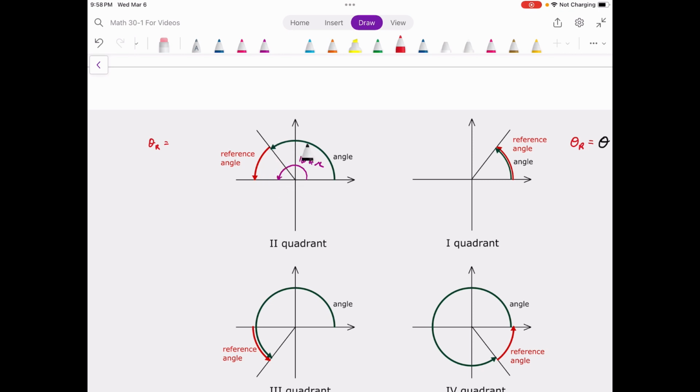If I take this part away from 180, what am I left with? I'm just left with my reference angle. So the reference angle will just be 180 minus the angle itself, the rotation angle itself. Or in radians, the reference angle is pi minus the angle in radians.